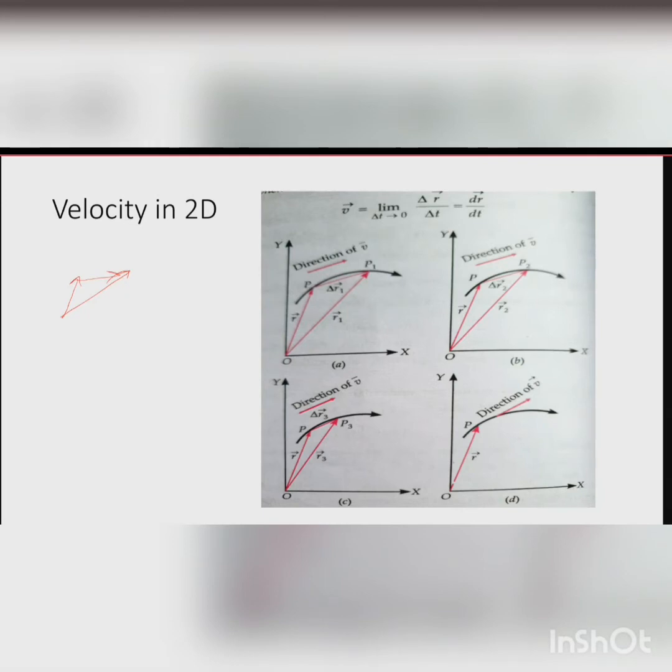Here you might think that the triangle law has been used incorrectly, but it's actually not, because delta r1 is basically going to be r1, that is the final position, minus r. Here in the figure you are able to see only r. That's how the direction of delta r1 will be as shown in the figure. Okay, we have to superimpose minus r.